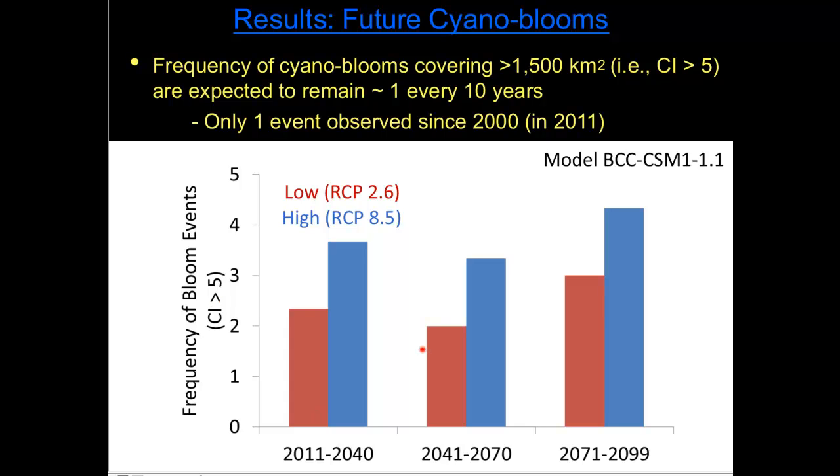If we look at both of these RCP scenarios, we see the frequency of these bloom events is going to be probably around 3 during all 3 of these featured climate periods. So we're talking about a 30-year window here from 2011 to 2040. The frequency of the bloom events is going to be about 3, so about 1 per decade. So what's interesting here is we expect the frequency of these really large bloom events to remain about the same. We've seen one of these since 2000, in 2011, so 1 per decade historically. And in the future, we also expect to see about 1 per decade based on this one climate model.